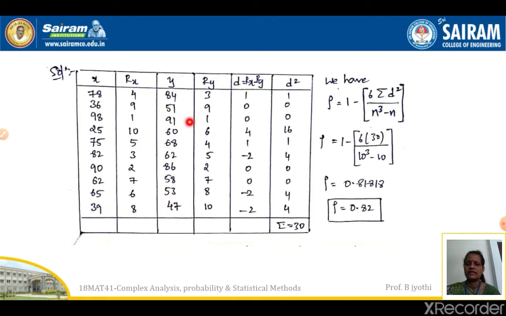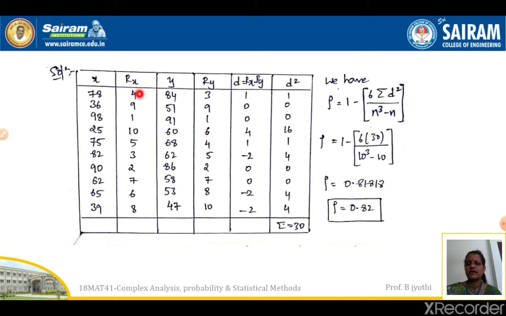Similarly, in the second subject, the highest mark obtained by a student is 91, the next highest is 86, the next highest is 84, and so on. So the ranks are given according to the marks in decreasing order, with the highest mark given the first rank, and so on.